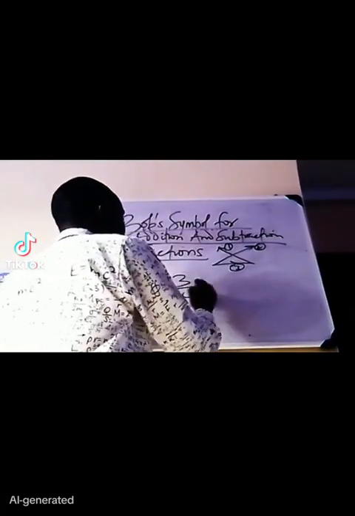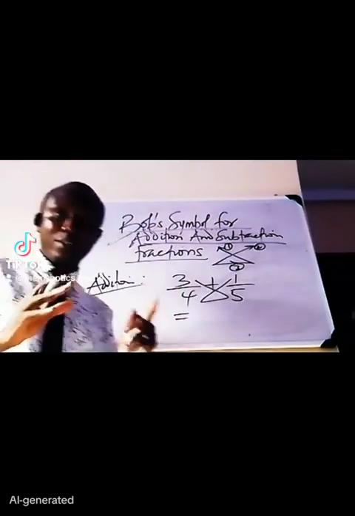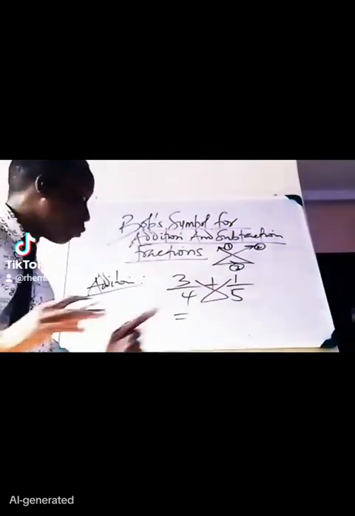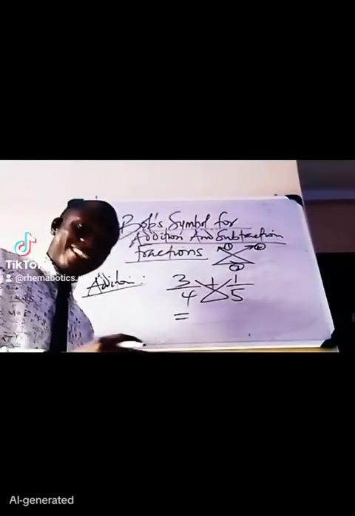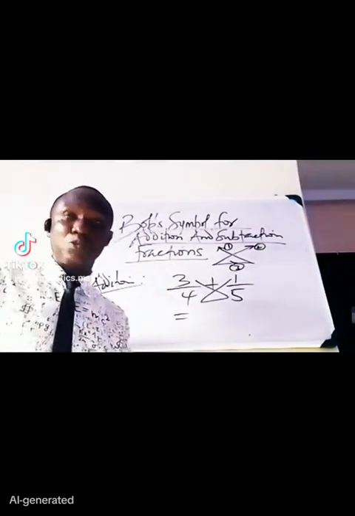So I'm going to do a quick example using this Bob symbol. Let's look at an example quickly: 3 over 4 plus 1 over 5. Let's use the symbol. Now there are other ways of adding fractions, the LCM method and all that. But this is something that will make you get a value as fast as possible.